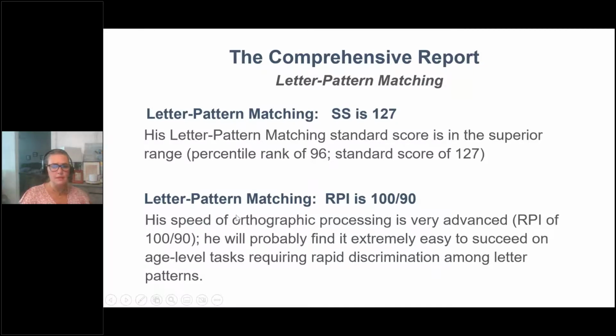What that tells us is that his speed of orthographic processing is very advanced. He will probably find it extremely easy to succeed on age-level tasks requiring rapid discrimination among letter patterns. So not only does the RPI tell us about that student's functioning on those skills, it also predicts how well that student would perform on similar tasks in the classroom.